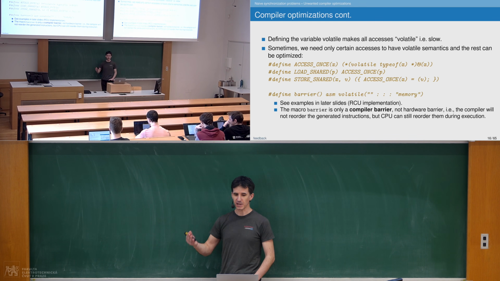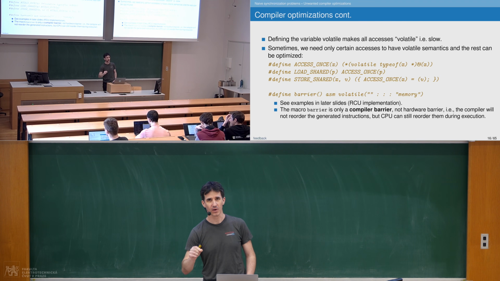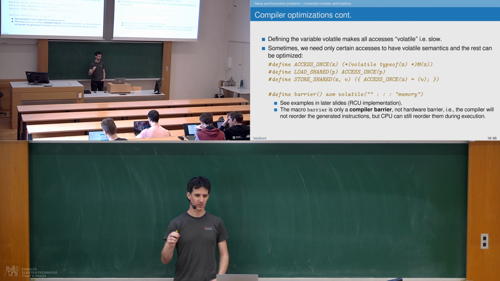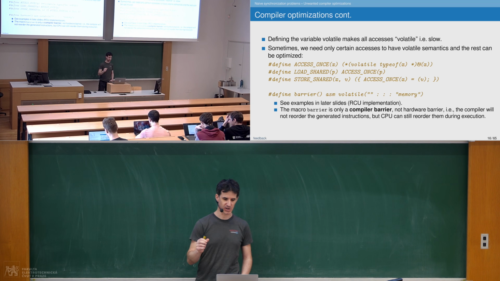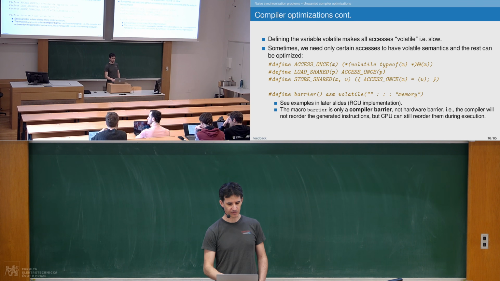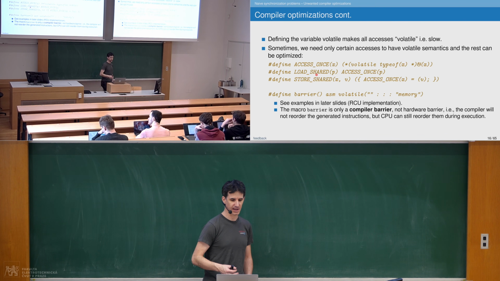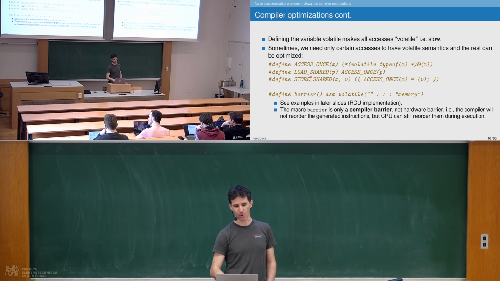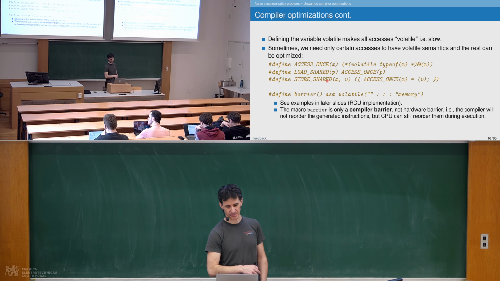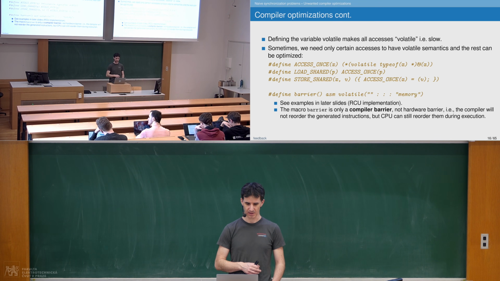So this is a tricky way to make just a single access to a certain variable volatile, and prevent the compiler from optimizing just that single access and not the others. And if you want your program to be readable, you can create an alias to this ACCESS_ONCE macro for loading and storing, so that it's clear which operation you have in mind.